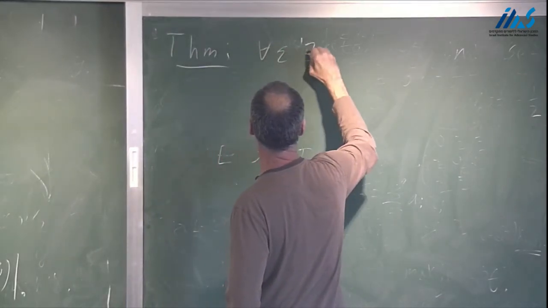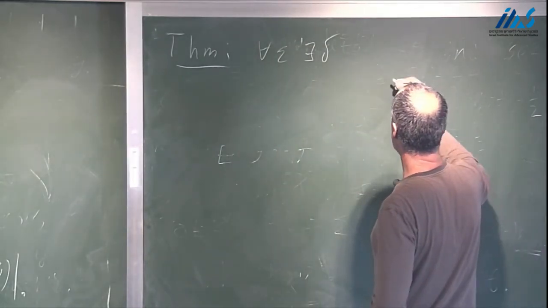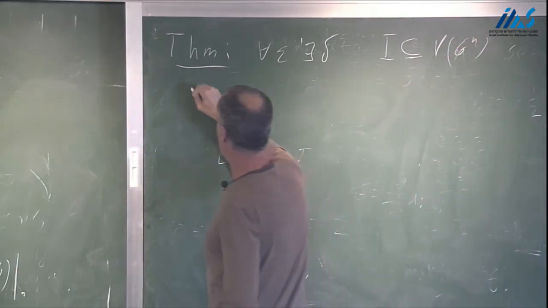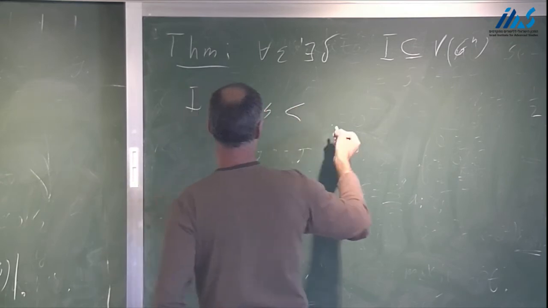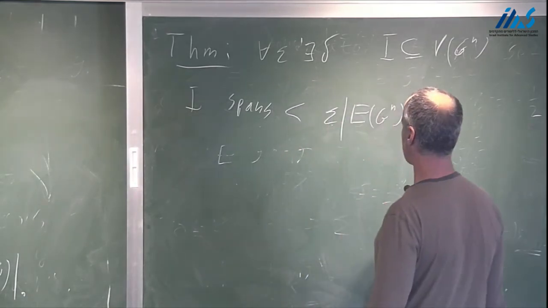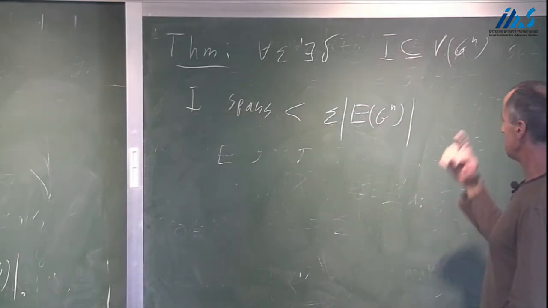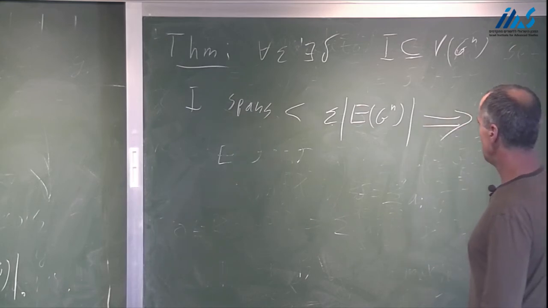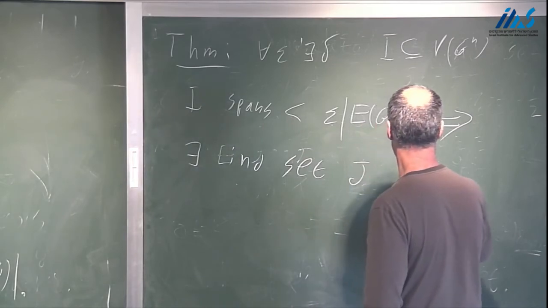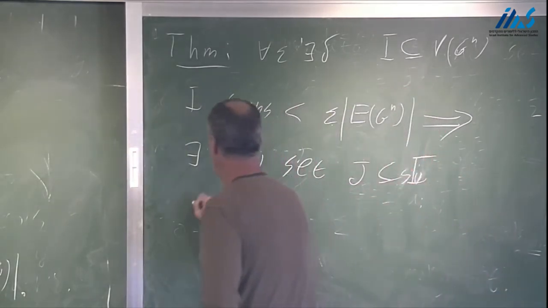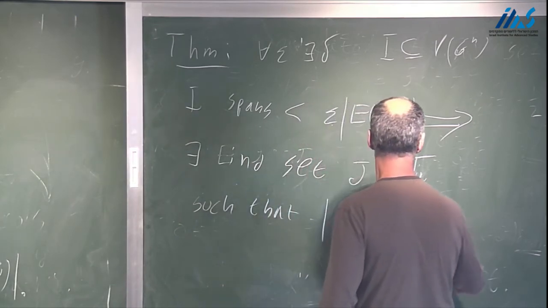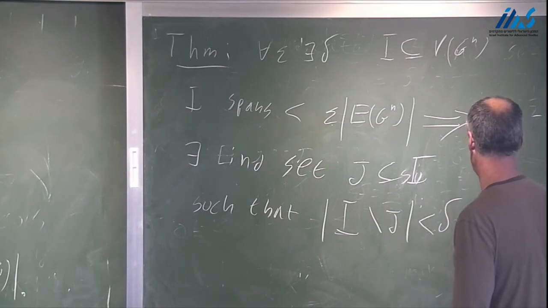So for every epsilon there exists a delta such that if I is a subset of the vertices of G^n, and I spans less than epsilon proportion of the edges, so if you have a set which is very sparse, then there exists an independent set J, which is a subset of I, such that the size of I minus J is less than delta times the number of vertices in G^n.